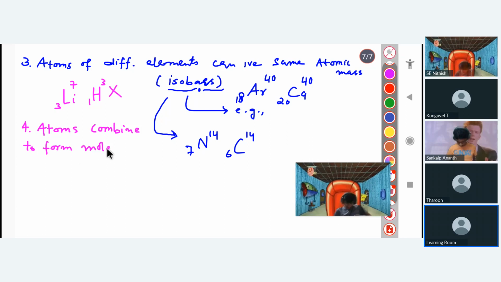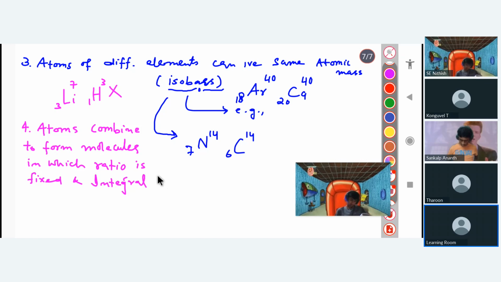Now we know that these compound atoms are actually our molecules. So atoms combine to form molecules in which the ratio is fixed and integral, but not always simple.